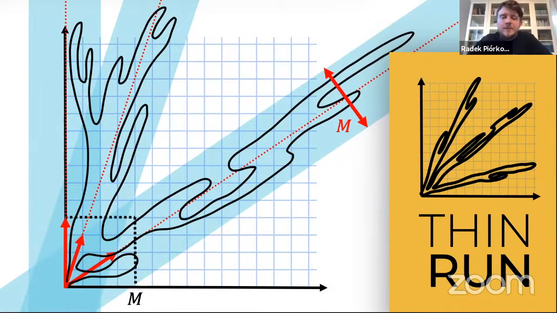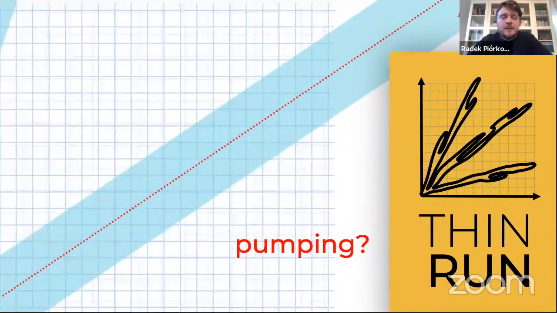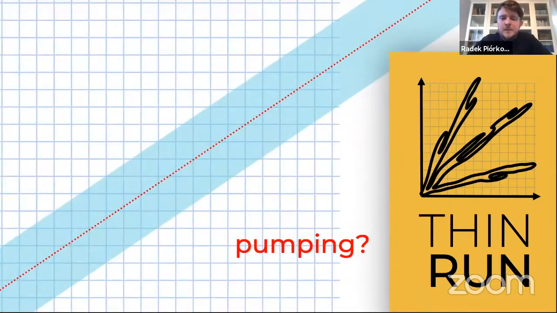So now the question arises, how can you pump those thin runs? We work under the assumption that the run is long and we want to pump it. So if the run is long, we may assume that it goes far into some regions of the blue belt, when it's not far from the other belts as well.